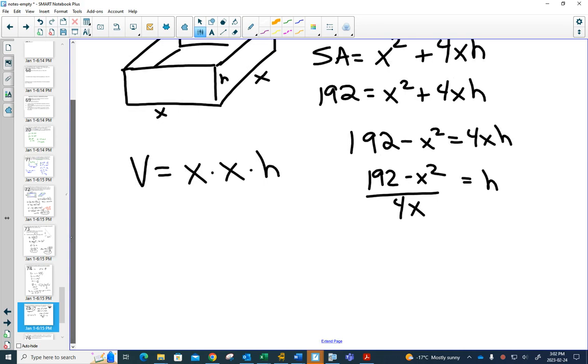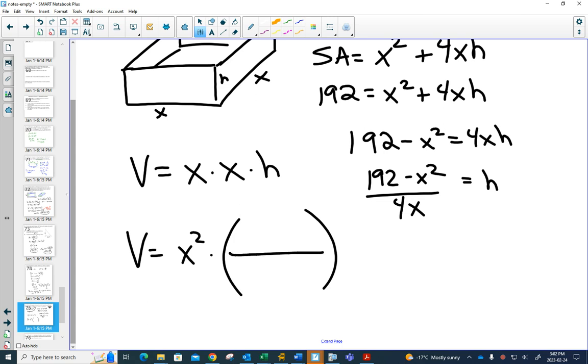This would allow me to substitute that in for the height. Not a nice equation, but something we can simplify, right?